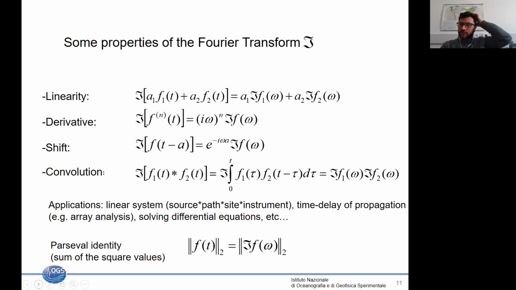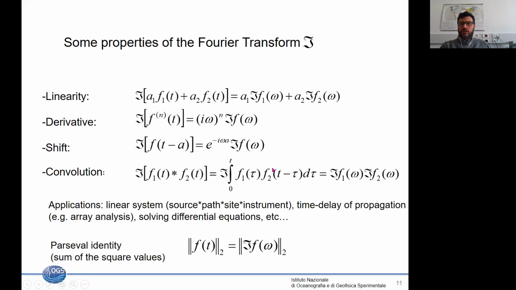And then we come to the other property that was correctly mentioned before by Terek, the convolution. So if you imagine that F1 is the recording, the shaking of the ground, and F2 is the response in the time domain of a seismometer, or it can also be an oscillator or whatever, to your input shaking, what we are recording is called the convolution of F1 and F2.